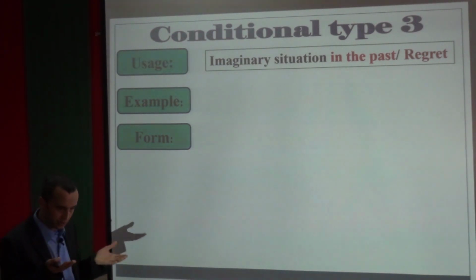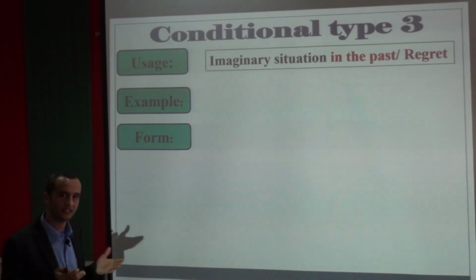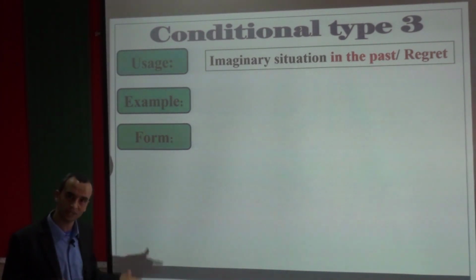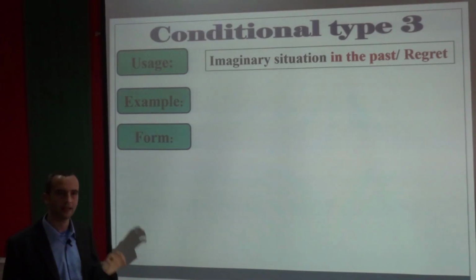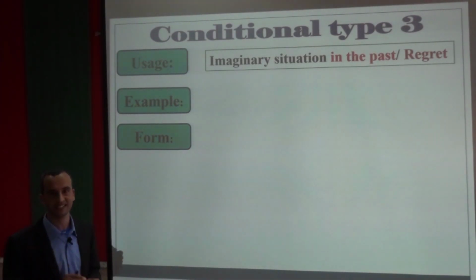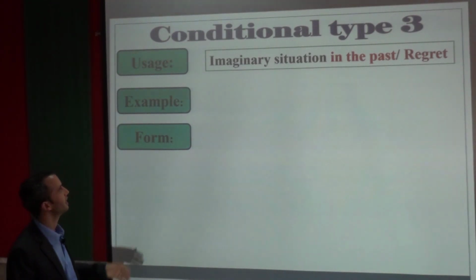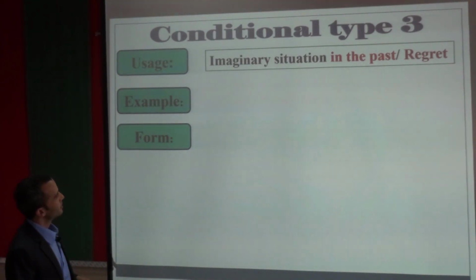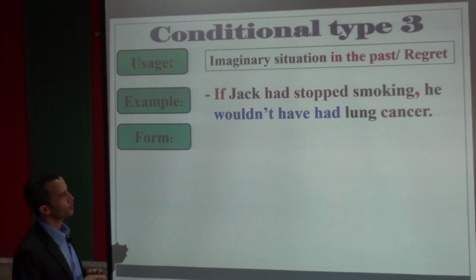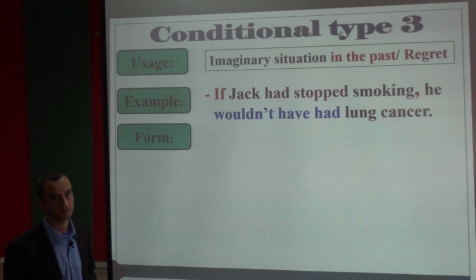So just to distinguish between these two conditionals, conditional type 2, imaginary situation in the present or in the future. Conditional type 3, imaginary situation in the past. This is the difference. Okay? So, as an example, if Jack had stopped smoking, he wouldn't have had lung cancer.